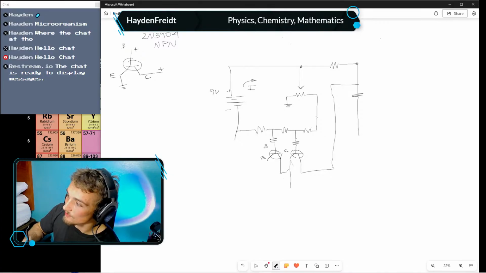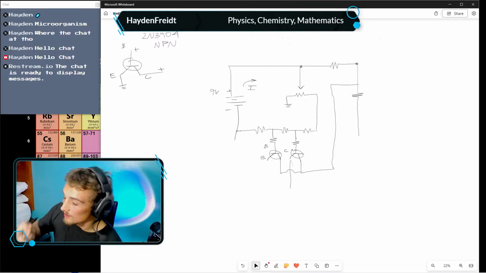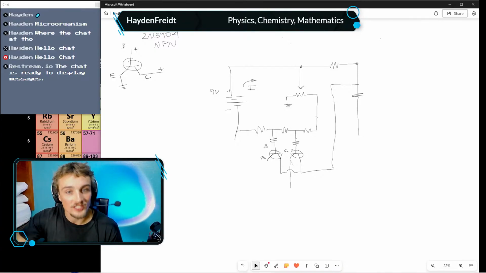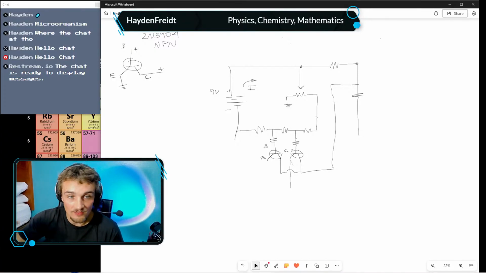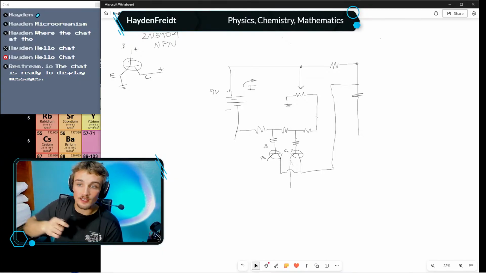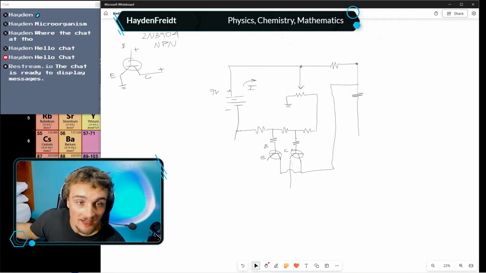Okay, these two are going to run from the same supply. Pretty much the LEDs, because of the way we have this circuit laid out, are going to be in parallel, so they're going to be fighting for the current.